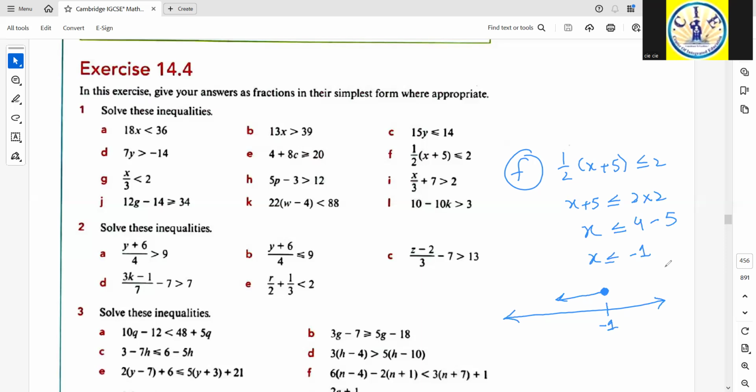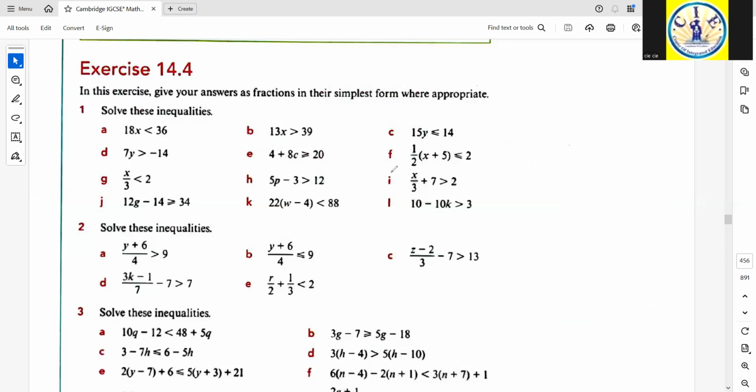Now, in part I, for example, first of all, we will shift this 7 to the other side. That will be 2 minus negative 7. And then I'm going to shift this 3 to the other side. So 2 minus 7 is negative 5.